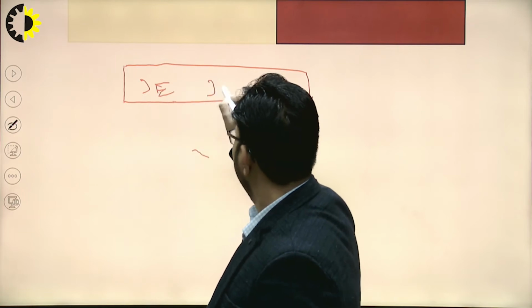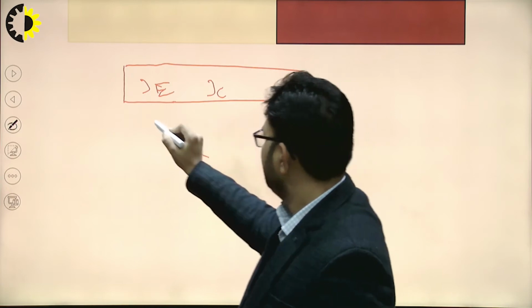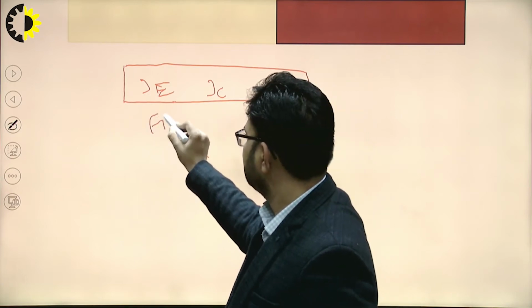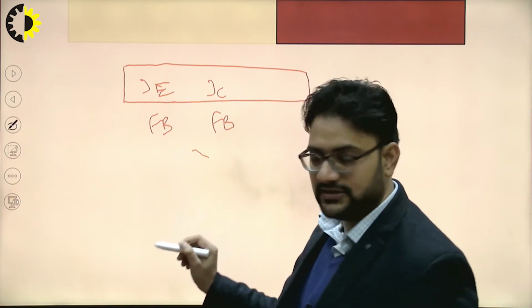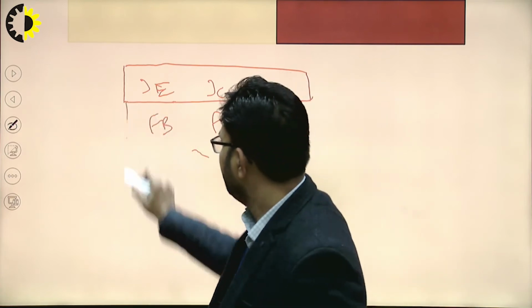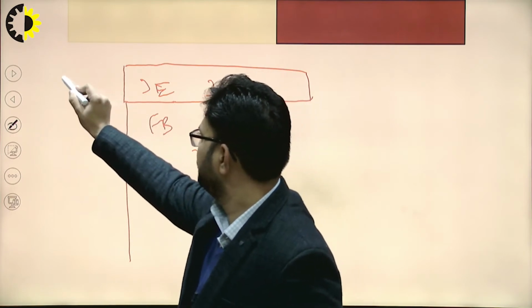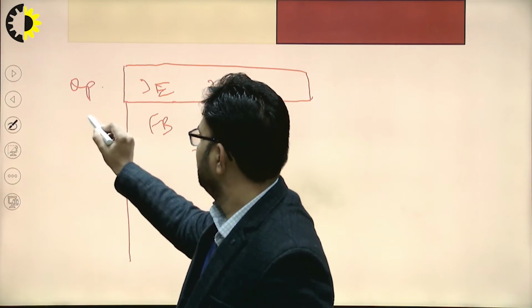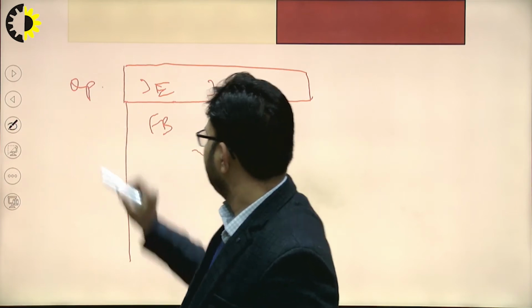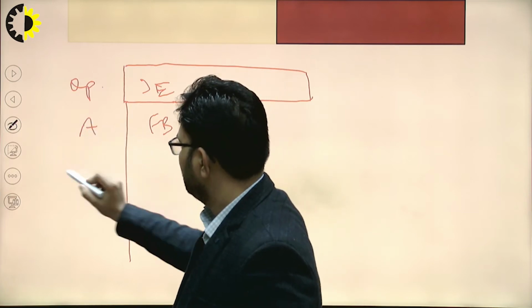JE, JC, right? So both the junctions are forward bias.